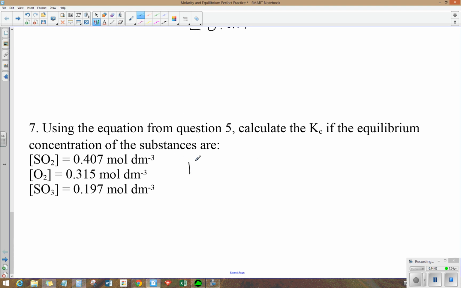So we're still dealing with Kc is equal to the concentration of SO3 squared, divided by SO2 squared times O2. Wow, got the 3 right, but not the other 2. So we just have new numbers here.